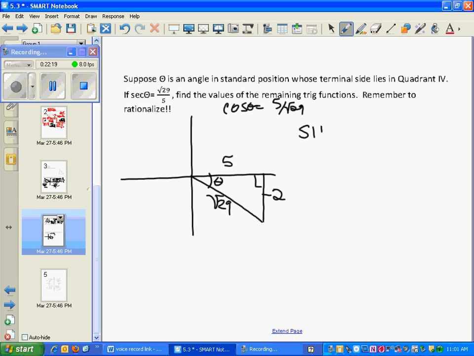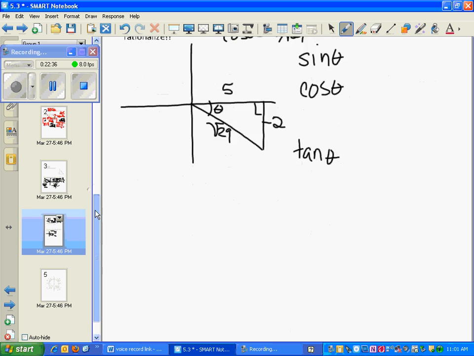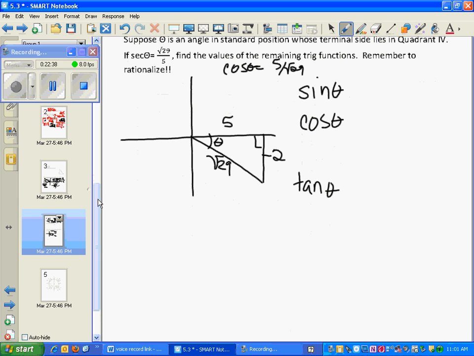So the sine of my angle, the cosine of my angle, the tangent of my angle, the cosecant of my angle. Hold on, I'm going to go down below. I'm going to run out of room. Let's see. So the cosecant of my angle, the secant of my angle, and the cotangent.